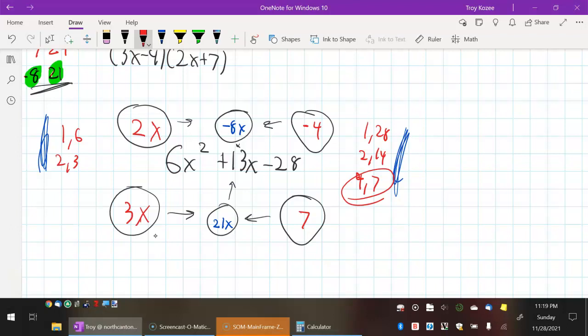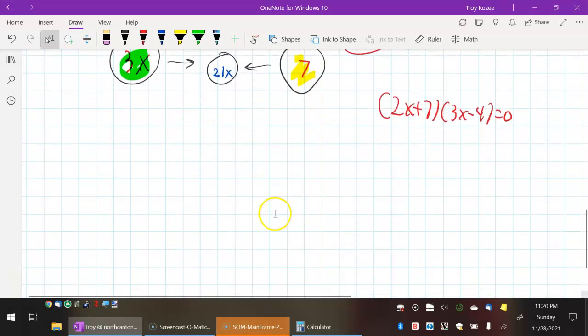Once you complete these 4 boxes, you go diagonal for your factors. 2x plus 7, 3x minus 4 equals 0. So here are your factors. Then each factor is its own little problem that you solve from there. I'm not going to go too much into those weeds.